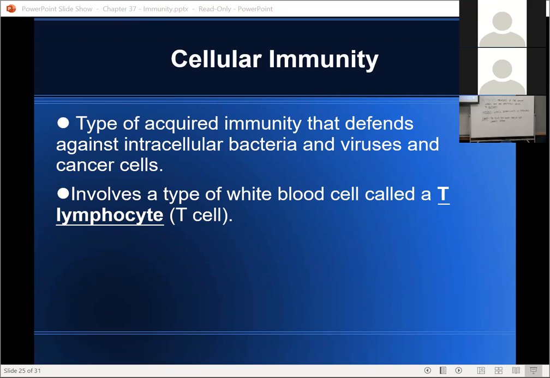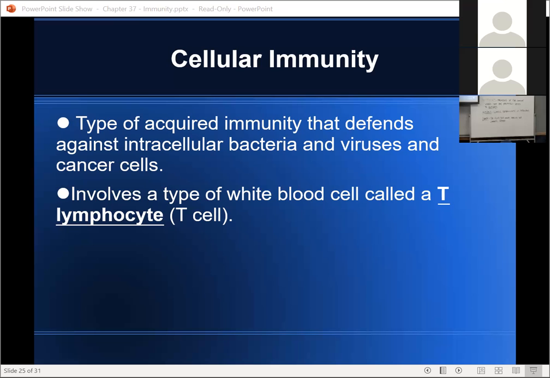In other words, they don't invade the cells. Some types of bacteria, and all of the viruses, infect us by getting inside of our cells. Now, antibodies can take care of viruses as long as they're outside the cells, before they get into cells, right? But once they get into cells, there's nothing that the antibodies can do.